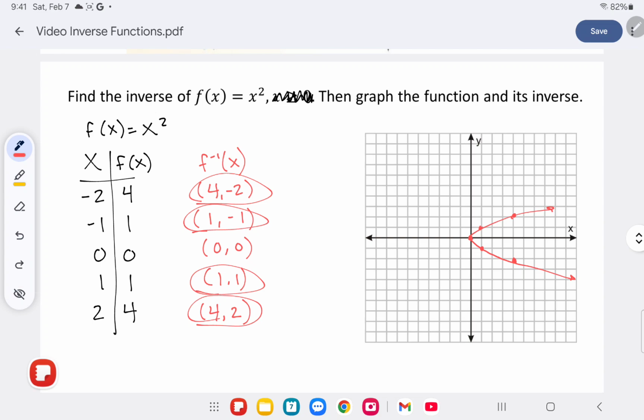So the inverse is not a function, even though the original, y equals x squared, is a function. So a parabola, we already know that's a function, but its inverse is not a function.